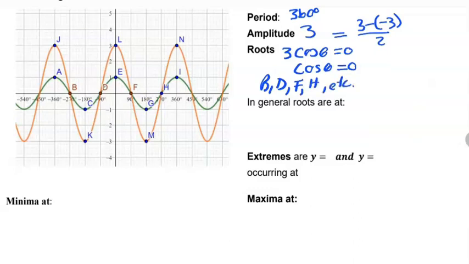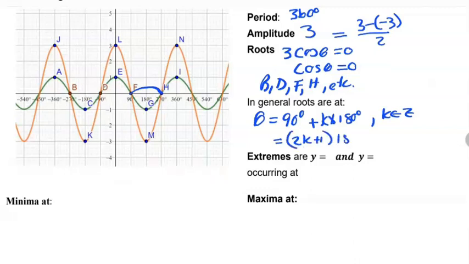To mention a few of them that is labeled. And if we just look at the first positive value here, theta equal to 90 degrees, then we notice that we have to go from there to there. We have to add 180 degrees to get the next one. So we say k times that, where k is an element of z, and previously we wrote it like this, 2k plus 1 times 90 degrees.